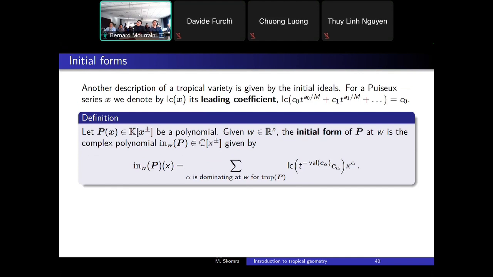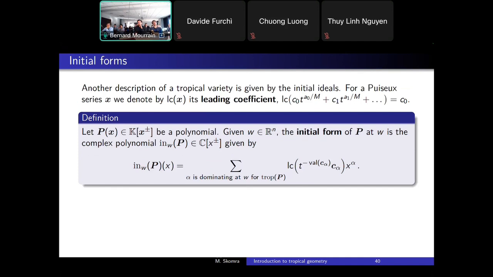And what is this initial form? Well, the initial form is defined a little bit like this. If I fix a point w, which you can think of as a point in the tropical space, then at this point the most interesting monomials of my polynomial are the ones that achieve the lowest valuation.